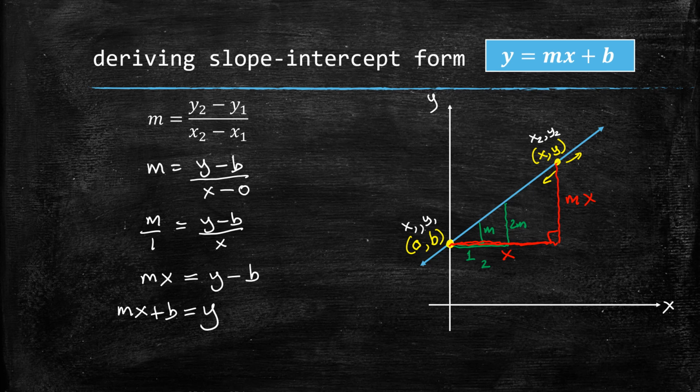And hopefully now it makes sense that if the y-coordinate of this point here is b, and we're interested in the y-coordinate of the point x comma y, all we have to do is take b and add the distance mx to it, so that our new y-coordinate will just be b plus mx, or y equals mx plus b.